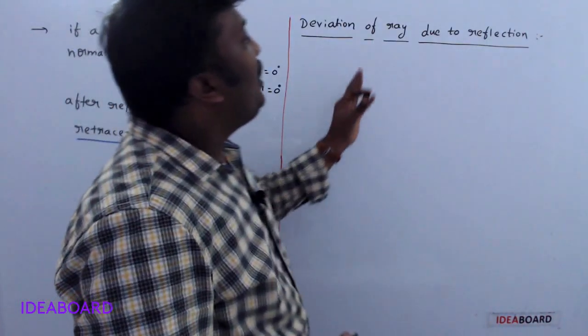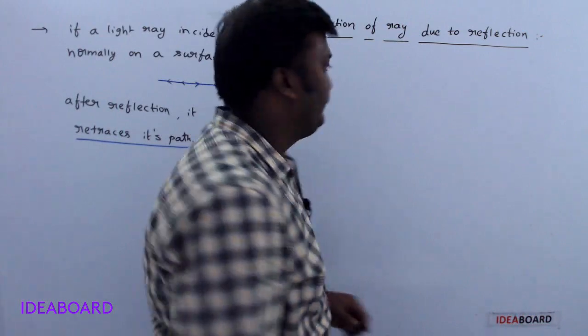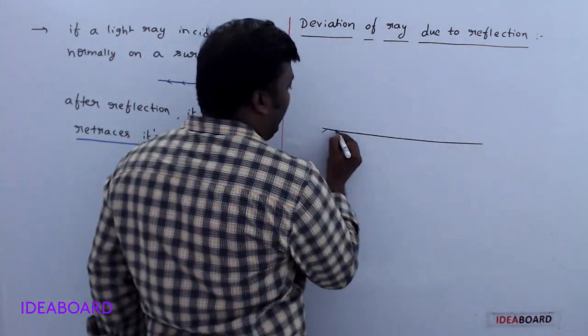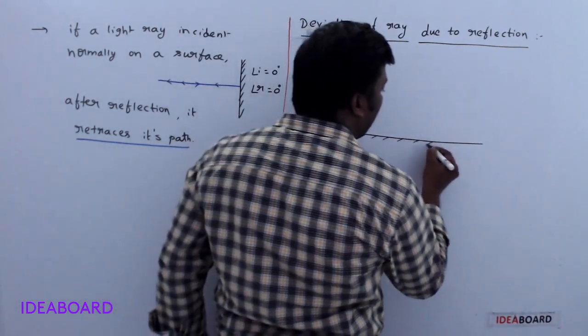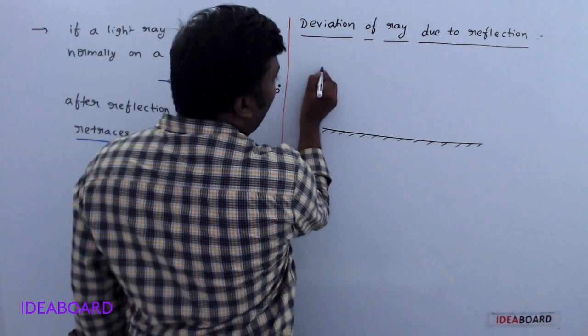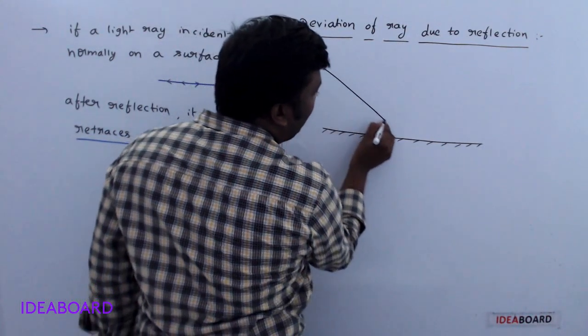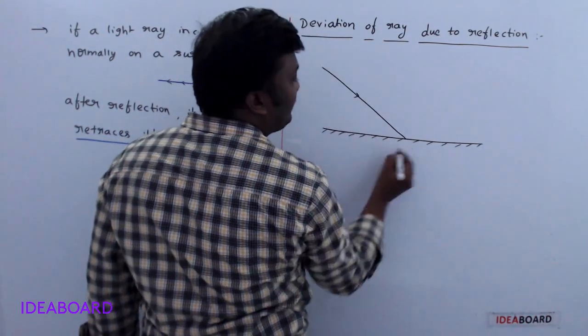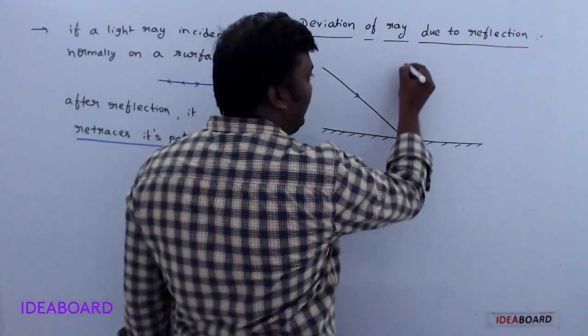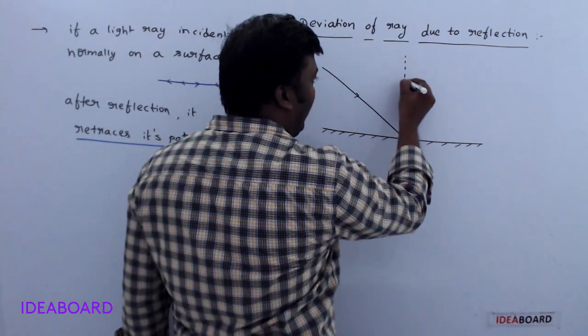Now, deviation of ray due to reflection. See, I may consider one smooth reflecting surface here. A ray of light is incident on the surface here. So it strikes at this point, then we may draw one normal.